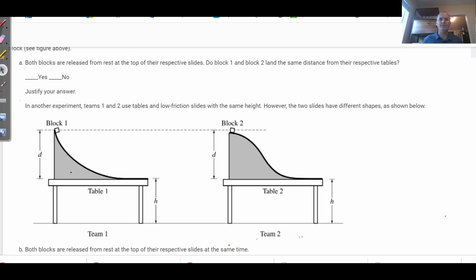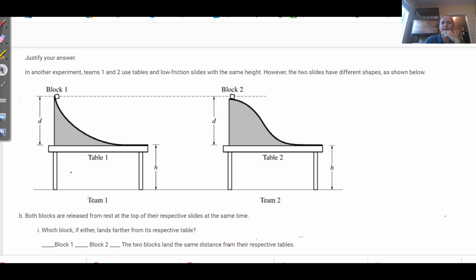Okay, so now we have another experiment. Teams 1 and 2 use tables with no friction. However, the two slides have different shapes as below. Both blocks are released. Which block, if either, lands farther from the respective table? Okay, in this case, the two blocks go the same distance.